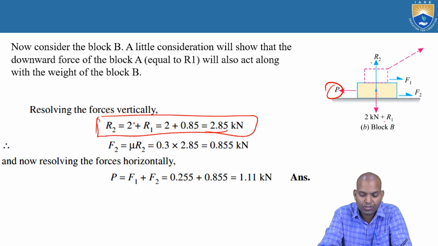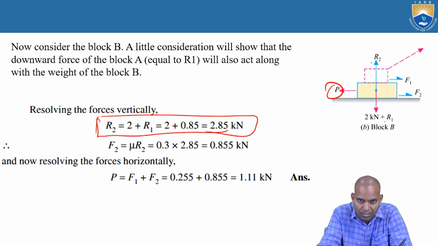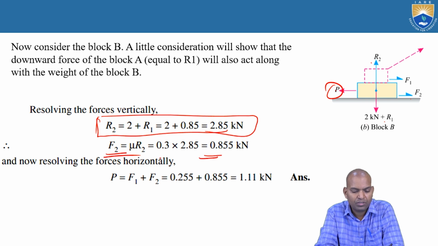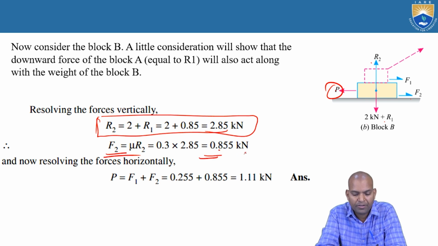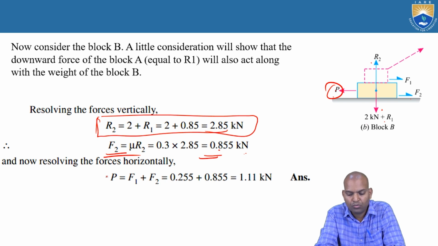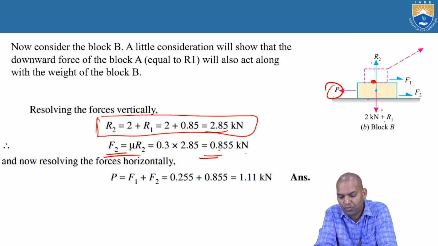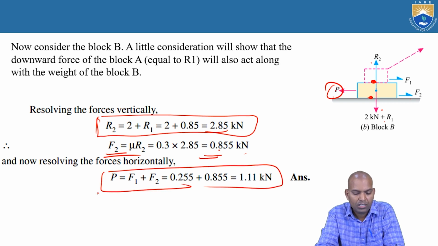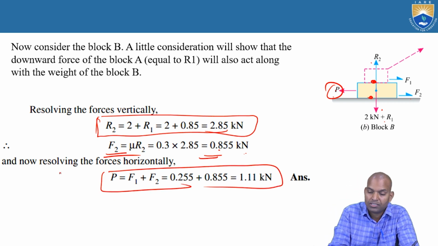Now apply horizontal forces. P equals F2. F2 equals mu times R2, where mu is 0.3, so 0.3 times R2 gives F2 equal to 0.855 kilonewtons. P is the total force of F1 and F2, so P equals F1 plus F2, that is 1.11 kilonewtons.